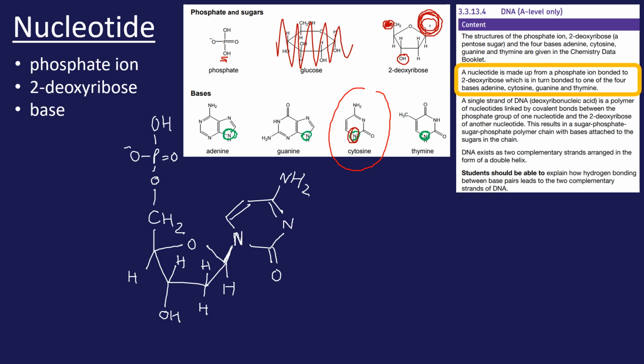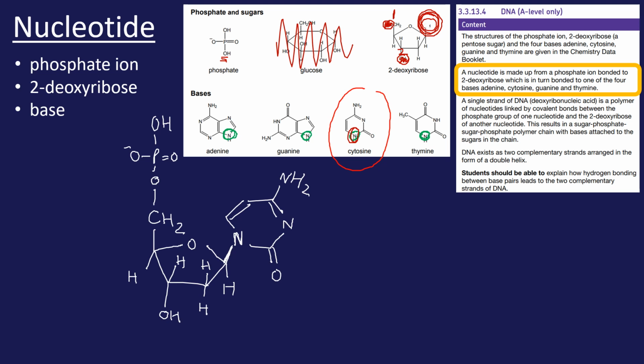A nucleotide is one phosphate bonded to a 2-deoxyribose. And remember, there's 2 possible positions, either this carbon here or this carbon here. So one of these OH groups, or both of them in fact, will leave. But for one nucleotide, I decided I was going to stick my phosphate on the top left instead of the bottom left.